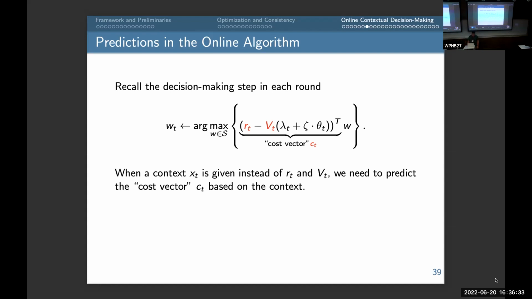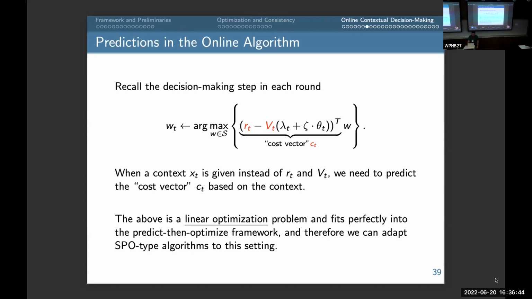When we're given a context x_t instead of the exact information of r_t and v_t, what we really need to do in order to make a decision is predict this cost vector c_t based on the context. But this is exactly a linear optimization problem and fits quite nicely into the predict and optimize framework. And so we can adapt SPO algorithms to this setting, and that's what we're going to do.